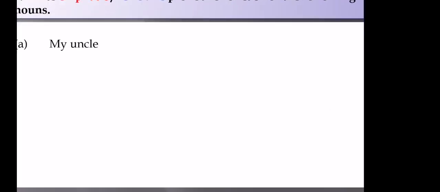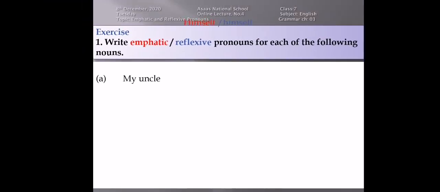So according to he, you will be using himself. Which pronoun will you use for the girls? They. So according to they, you will be using themselves, the reflexive or emphatic pronoun. They are the same. It all depends upon the sentence, how you use them in the sentence, whether they are emphatic or reflexive.